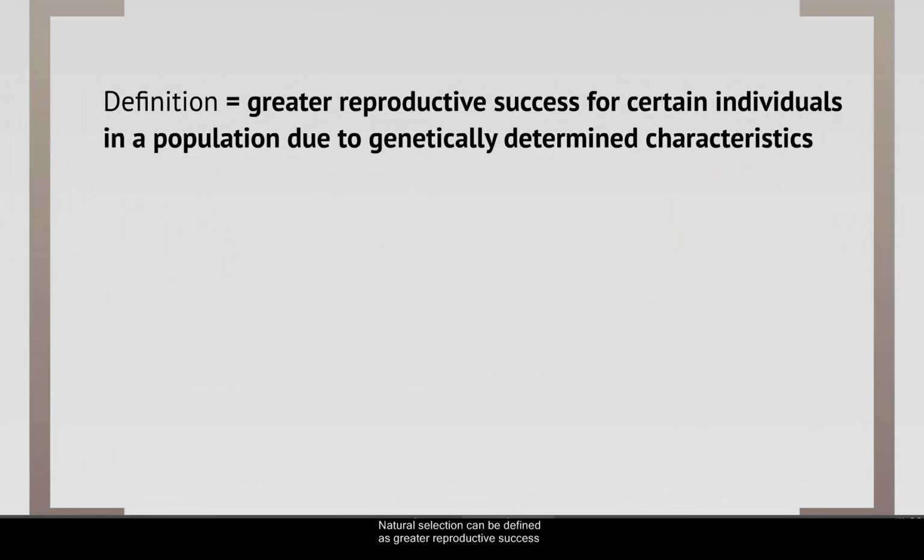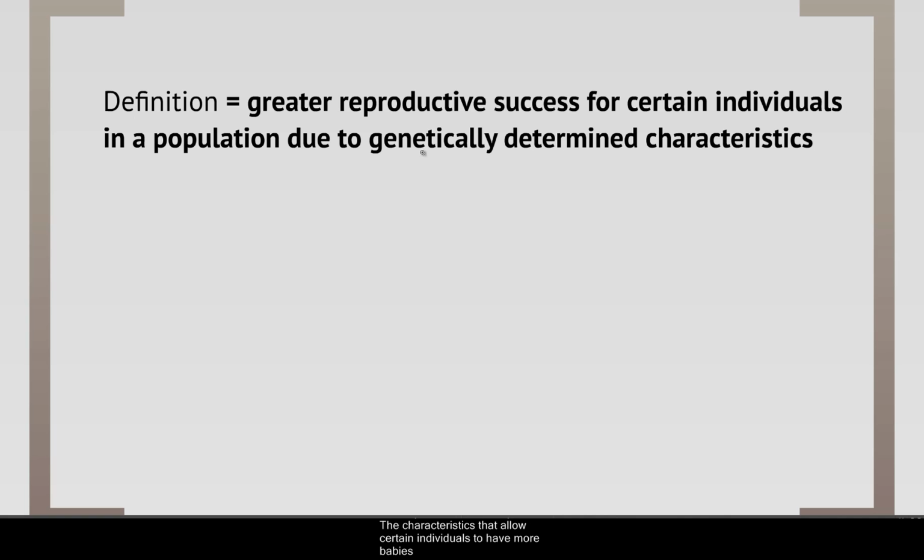Natural selection can be defined as greater reproductive success for certain individuals in a population due to genetically determined characteristics. So I know that definition is a mouthful, but let's just look at the parts. Greater reproductive success. That's a fancy biology way of saying having more babies. For certain individuals, this only works if some individuals have more babies and some individuals have less, due to genetically determined characteristics.